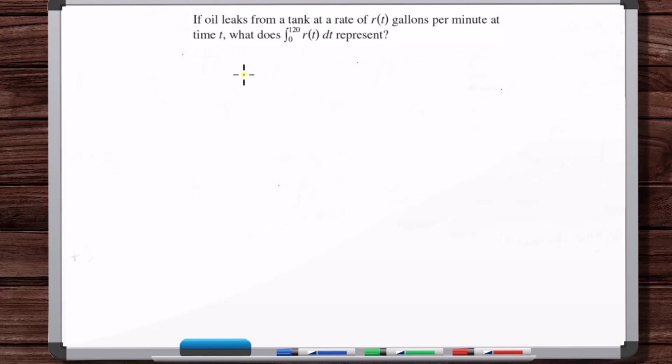Okay, so understanding the net change theorem, what is the answer to this definite integral?